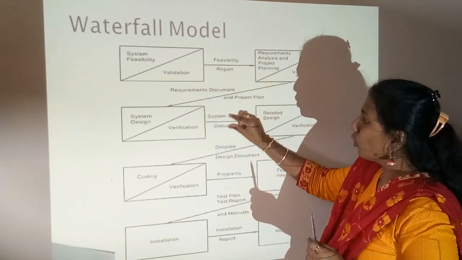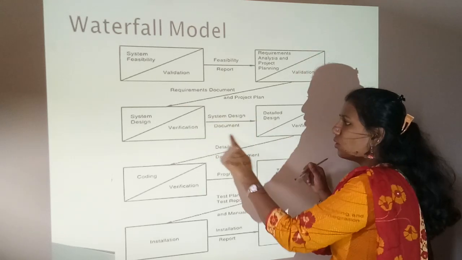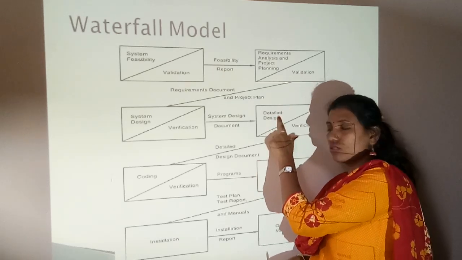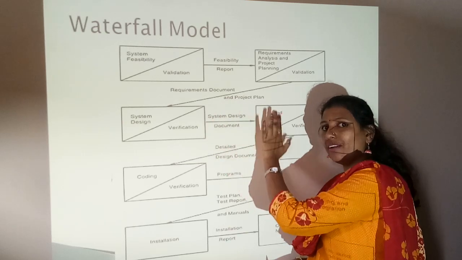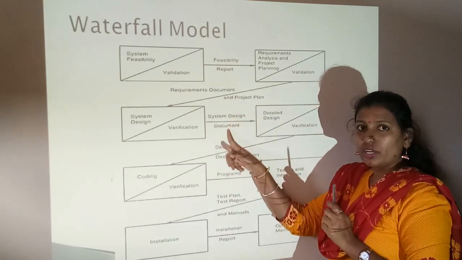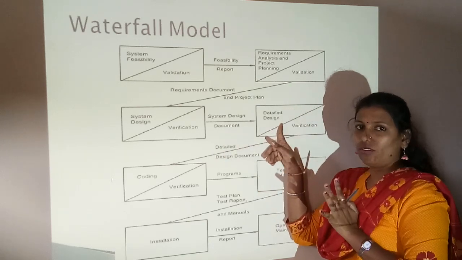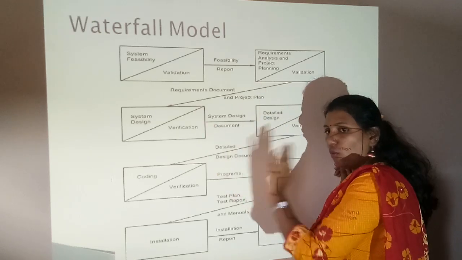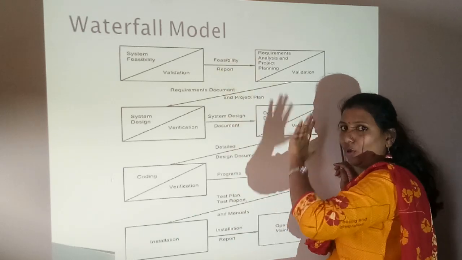Based on the document which one phase gives to the next phase, the work of the next team depends on it. So the entire work is dependent on documentation. If there is any mistake in this documentation, again the process for the next stage will be wrong. Do you get what I am trying to say? So this waterfall model is fully based on document driven work.